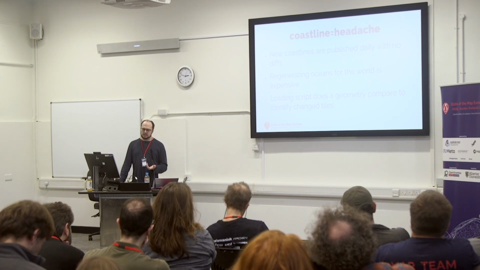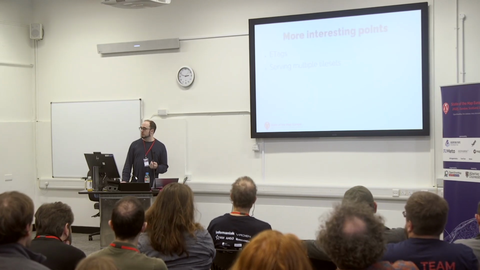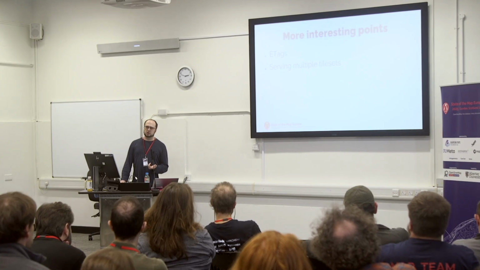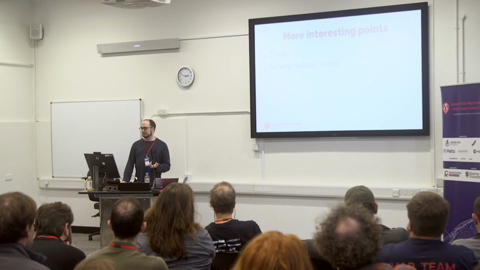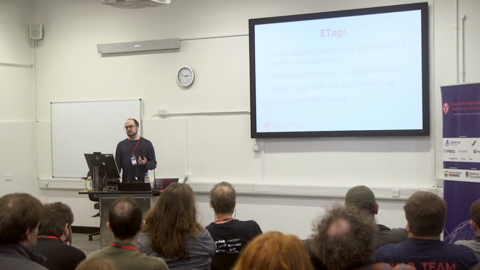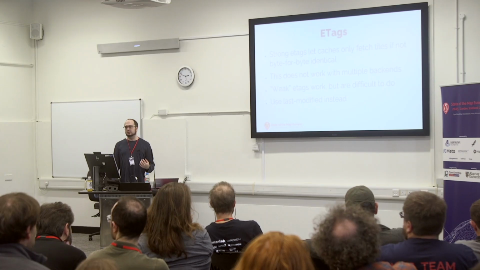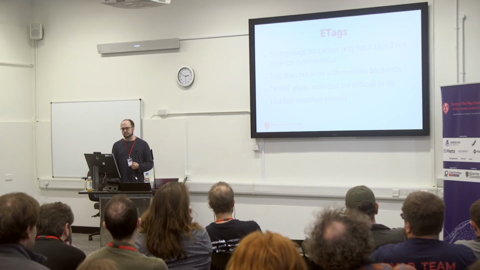And there are some other interesting points, which, since I have time, I will just go over. Tiles are really all about caching. That's why we use them. One way to do caching is with e-tags. E-tags in general let you see if a file that you have in your cache is identical to the one that the server has.